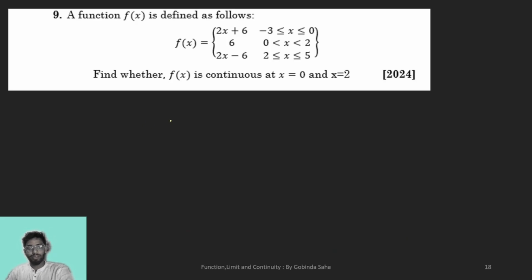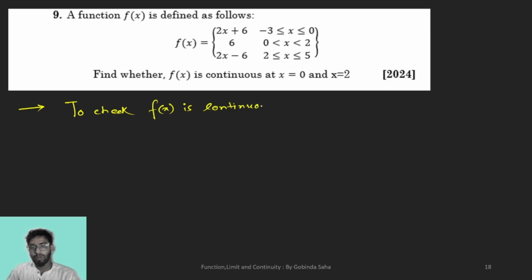Moving to question number 9. Now you have to check the given function whether it is continuous or not at x equals to 0 as well as x equals to 2. So to check fx is continuous at x equals to 0, the first part.